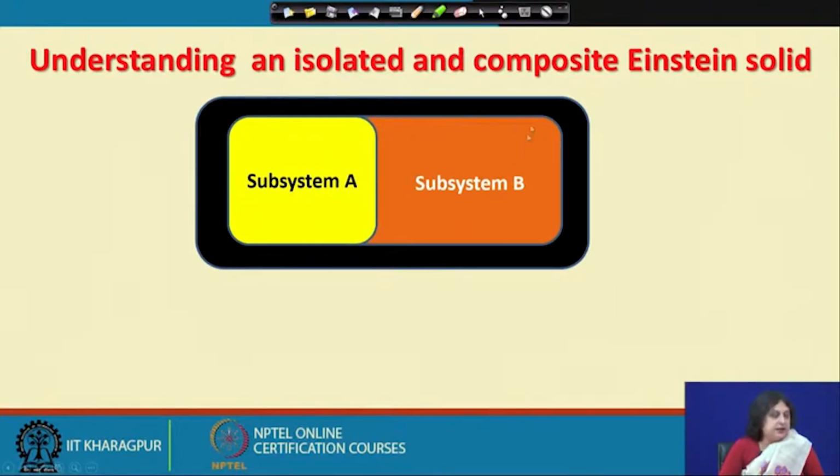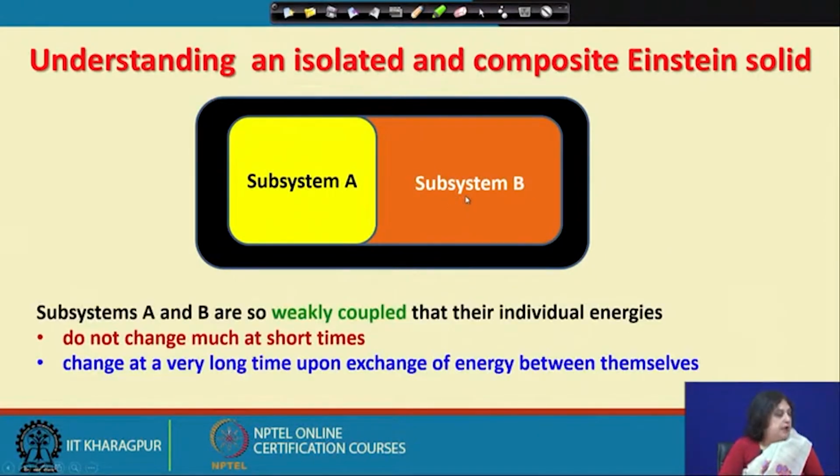Now, what I have done is I have taken this big block and divided it into two subsystems. There is this subsystem 1 and there is this subsystem 2. And what I am going to do is, to start with, I will not allow any interaction between subsystem A and B.